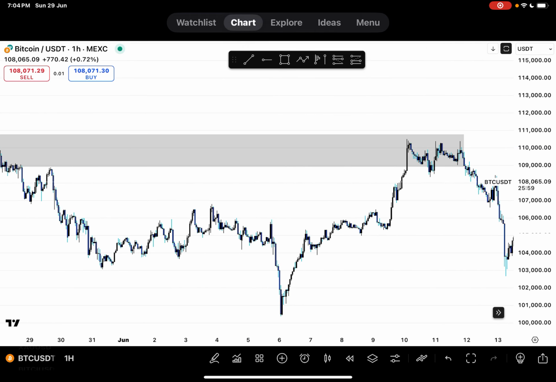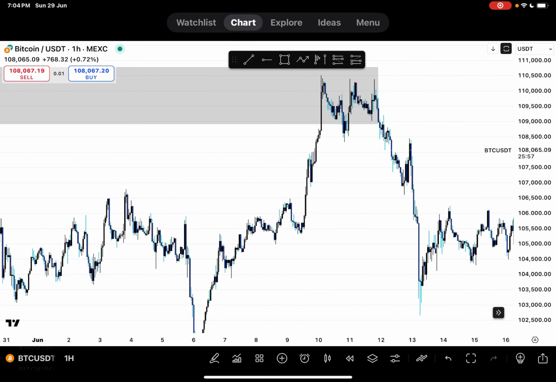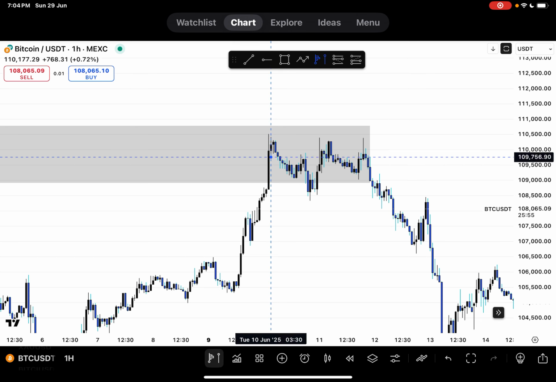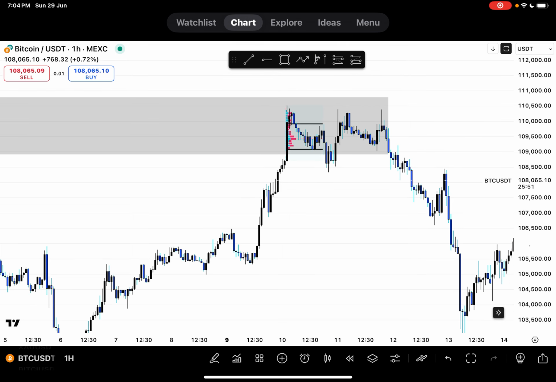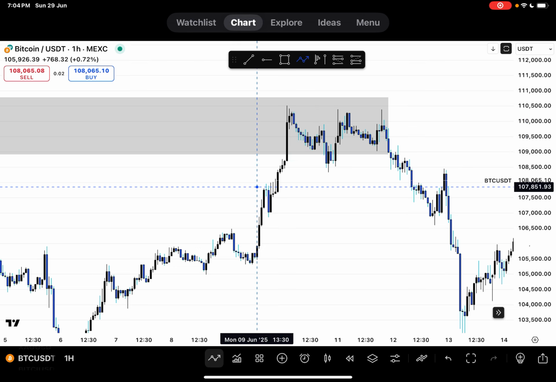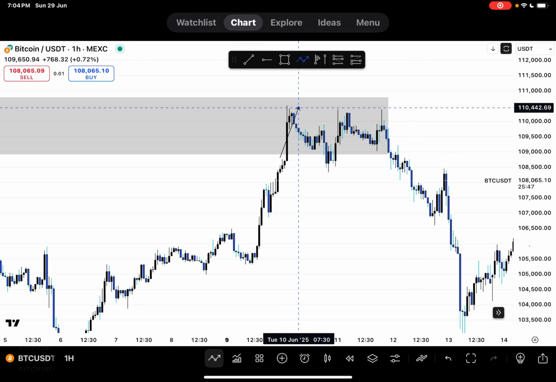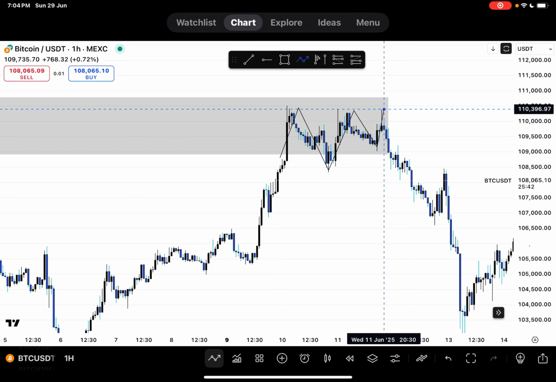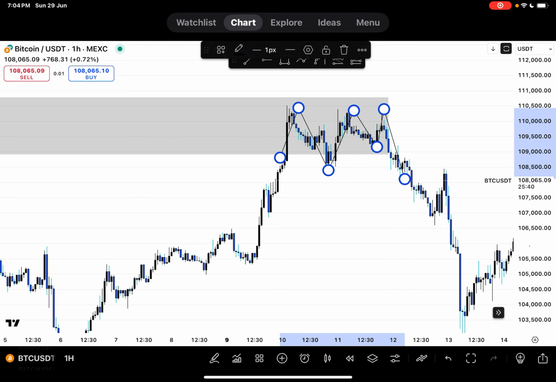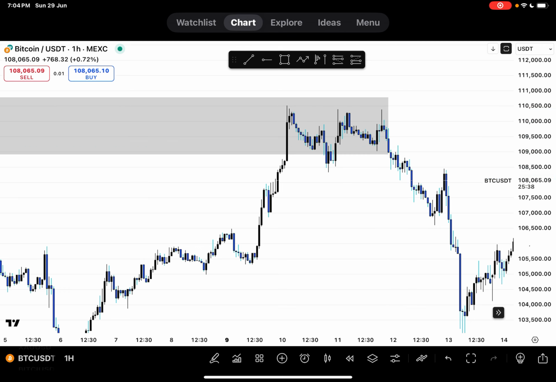Now, in this zone, you see the market making a triple top, just as in the example I told you, right? This is what the market is forming. Now, the liquidity concept works the same.